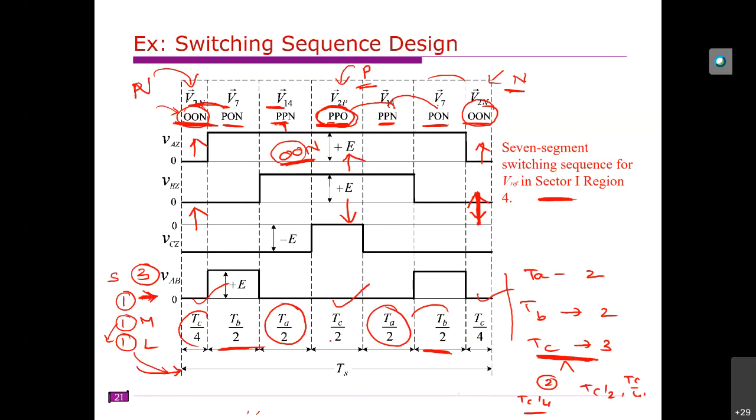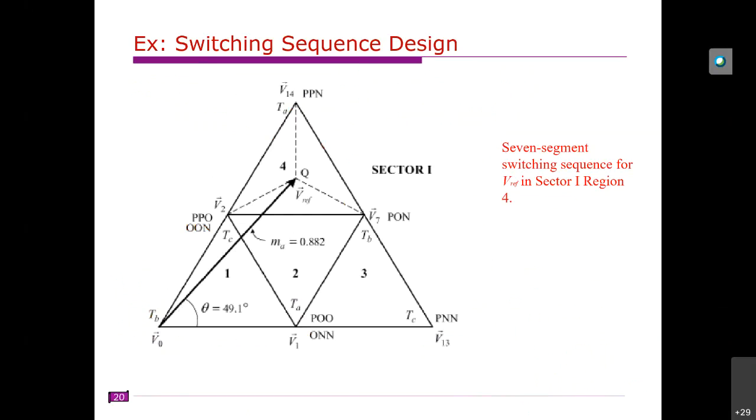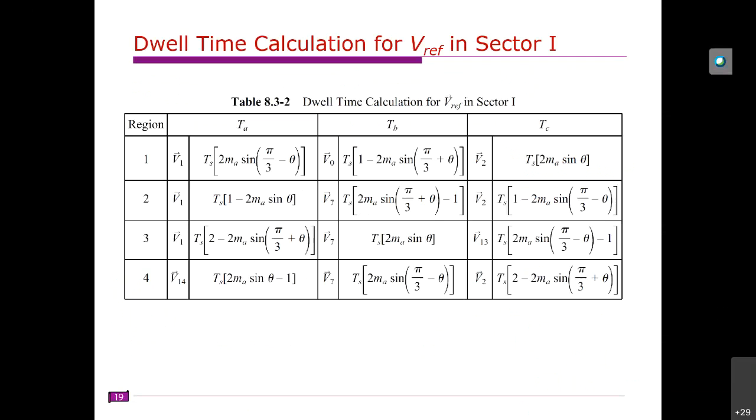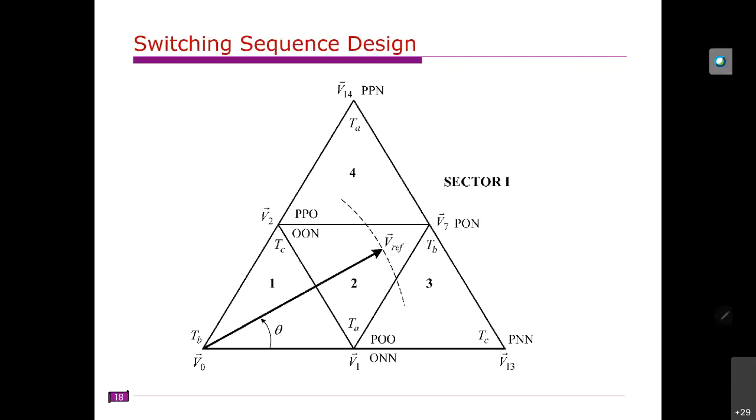Okay, this is fine. So what if it is in region 2, what do we have to do? Or if it is in region 1, what do we have to do in this case? For example, if it is in region 2, this can be decomposed with V1, one small vector, another small vector, and one medium vector.